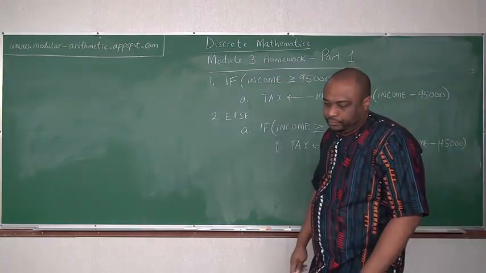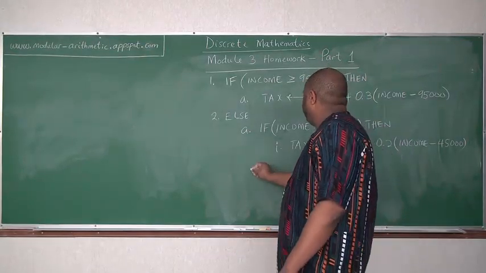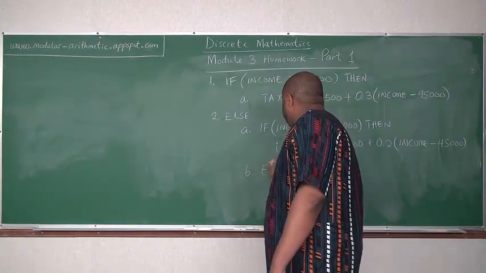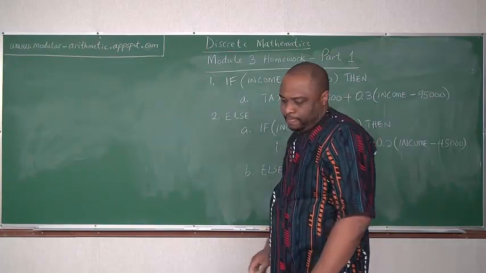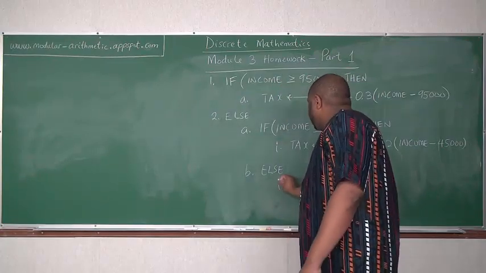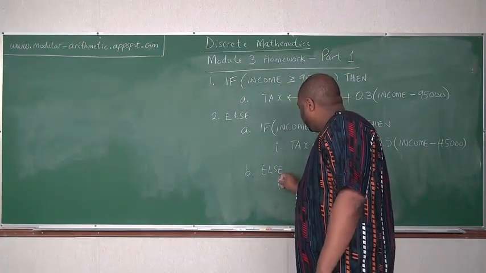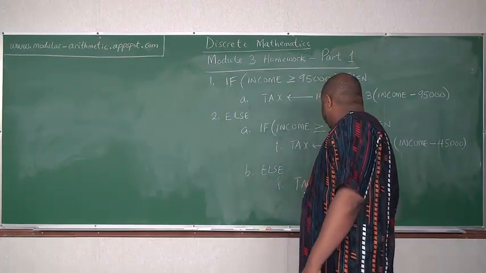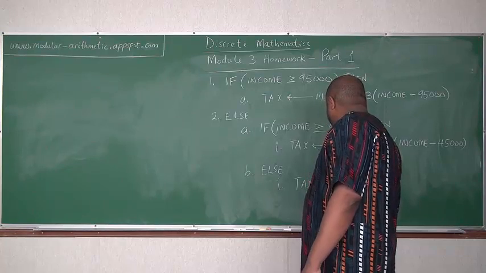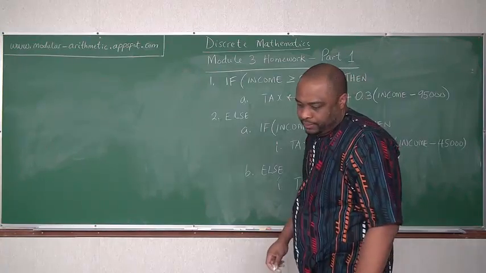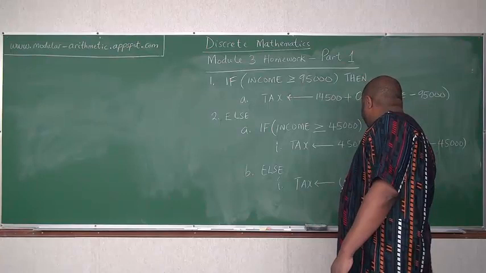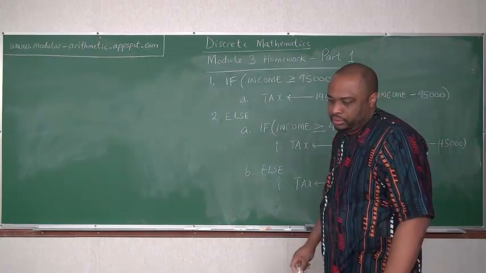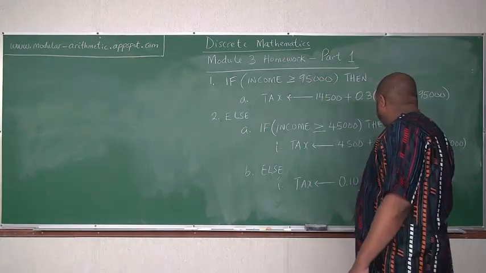Okay? Then B here, else, the last line, set the tax to be 0.10 times the income.